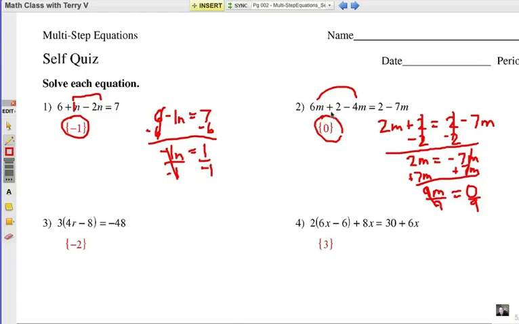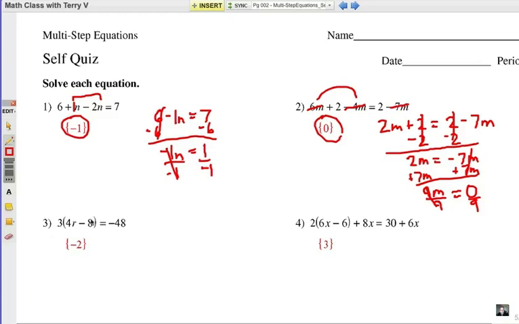Now what that means is when I substitute a 0 in where all the m's are, I will still get a true statement. So 6 times 0 is 0, so I can just ignore that. And minus 4 times 0 would be 0 again. -7m would be 0, and so 2 equals 2. Yep, that's still true. So the only answer that makes that possible is 0.